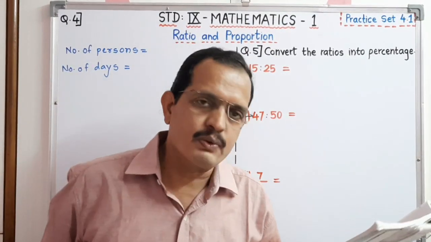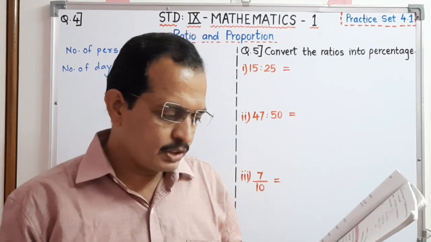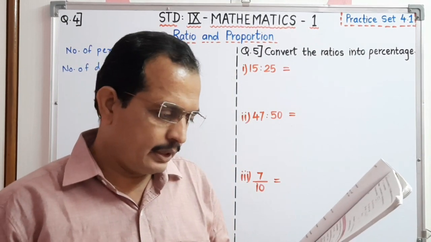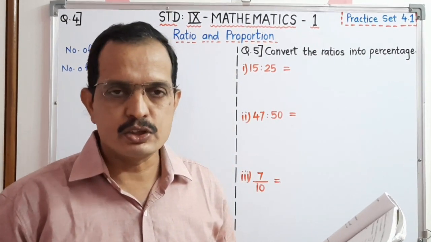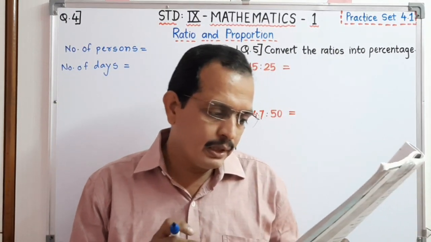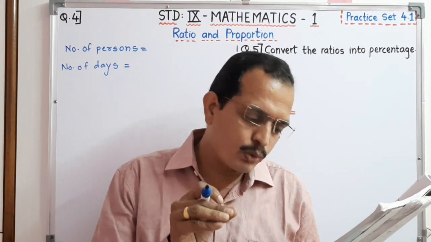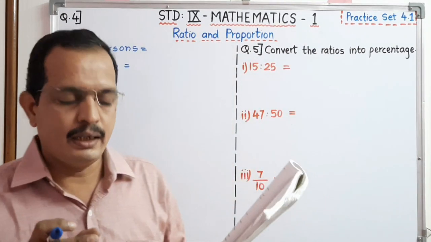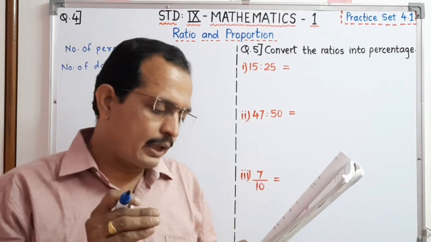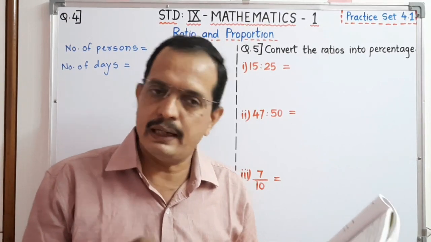Dear student, see question number 4. 3 persons can build a small house in 8 days. Dear student, try to understand. That means one small house has to be built, and if there are 3 persons, then the house will be completed in 8 days.